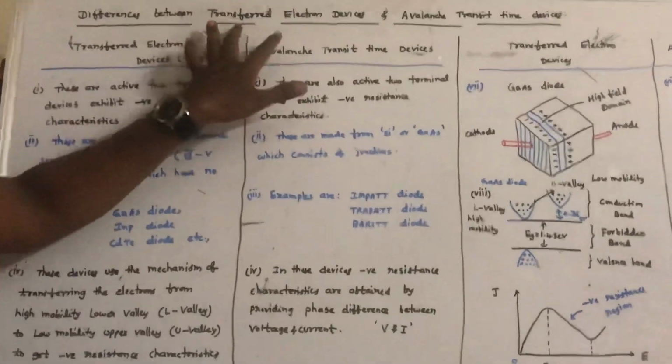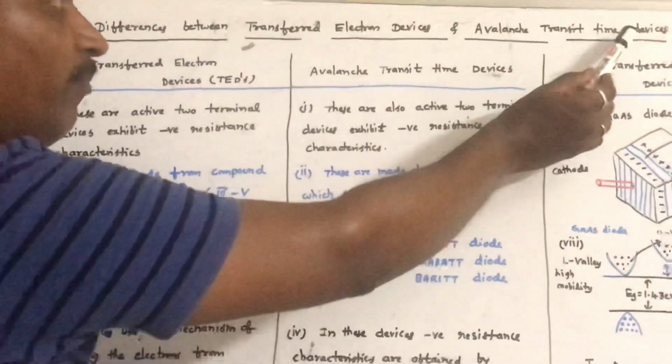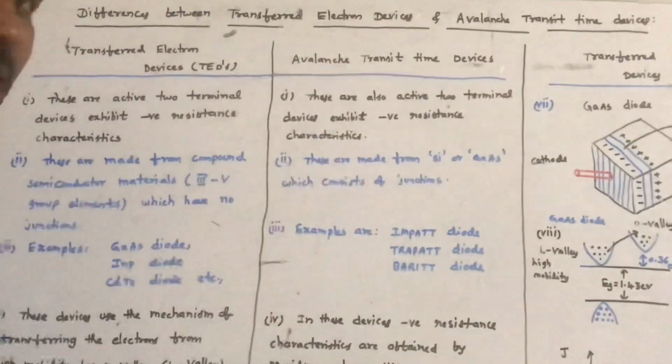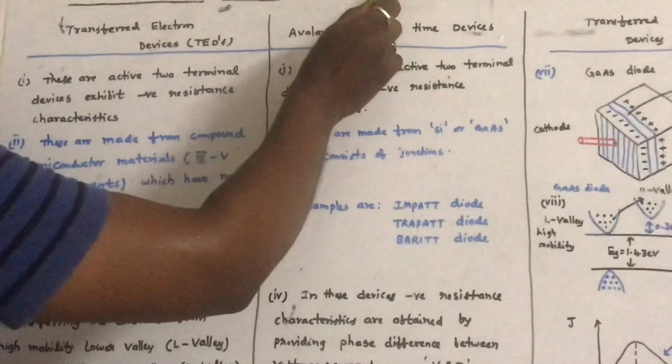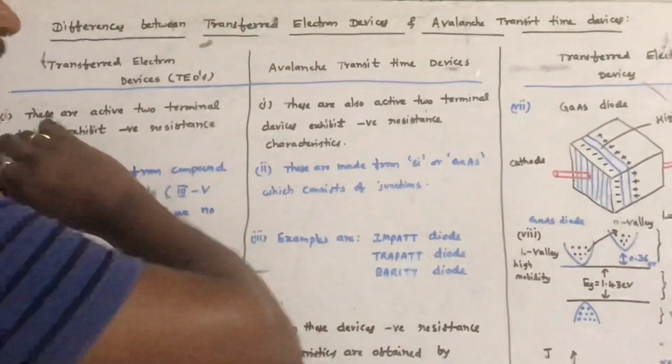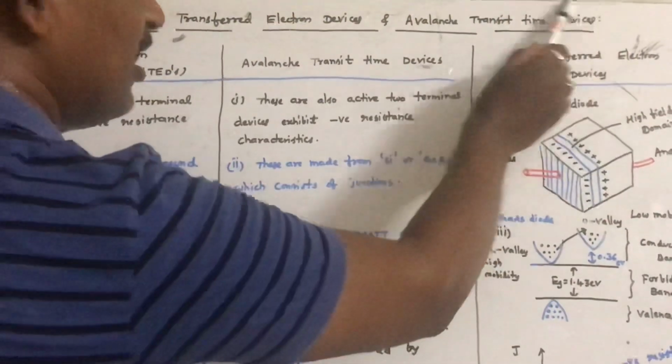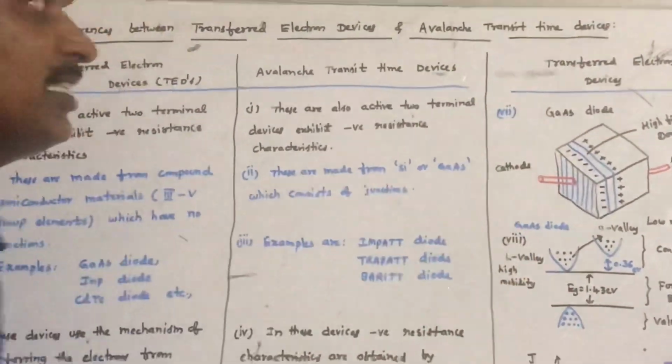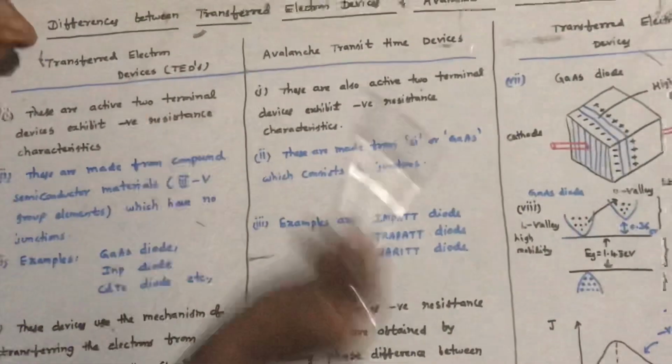Therefore, these transferred electron devices and avalanche transit time devices find a lot of applications in microwave circuits. These devices also exhibit negative resistance characteristics, but their mechanism is different.